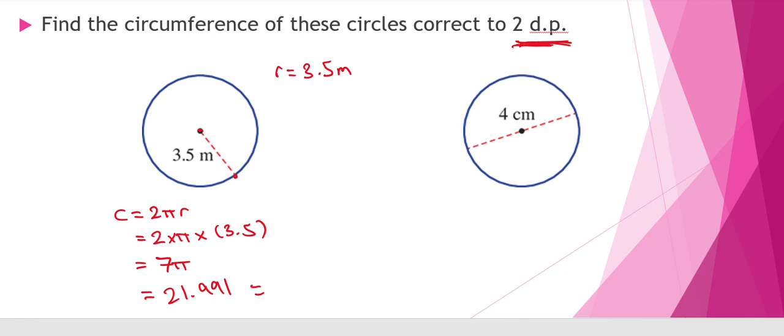So we need to do some rounding here. The 9, which I have highlighted in blue, is the second decimal place. What you're going to do after is look at the digit after this point, which I have starred in black. Now, if this number in particular is within the range of 0 to 4, you are going to round down.